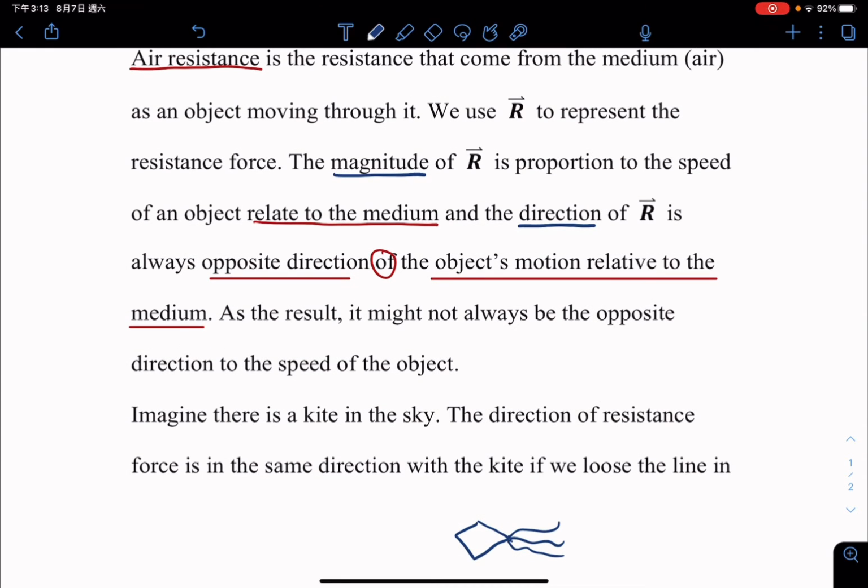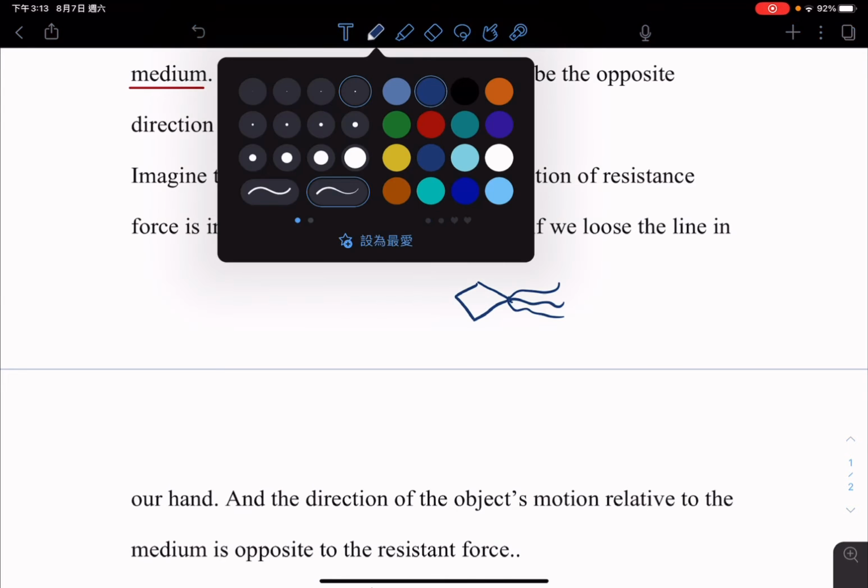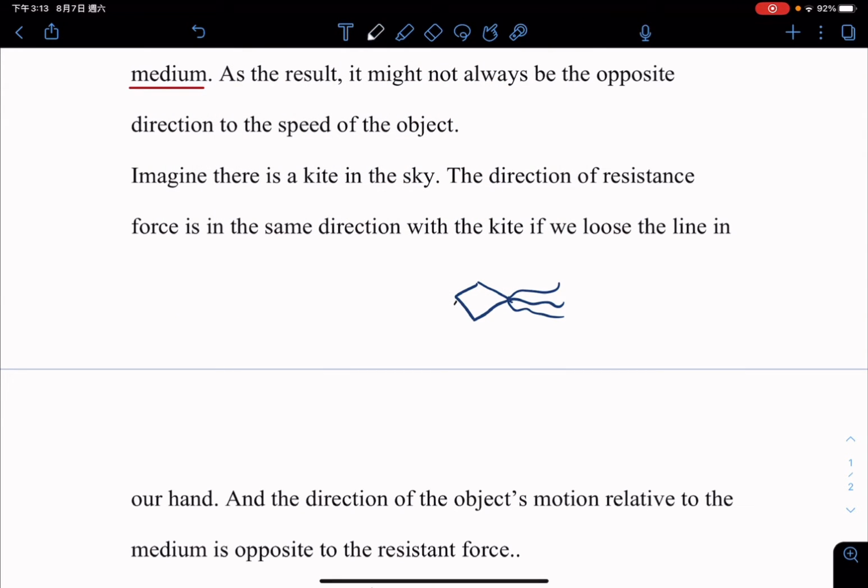Now we have to think. In this definition, the resistance force might not always be in the opposite direction to the velocity of an object. Here comes an example. Imagine there is a kite in the sky, and we have a person here. The direction of the resistance force is in the same direction as the kite's pull if we lose the line in our hand.